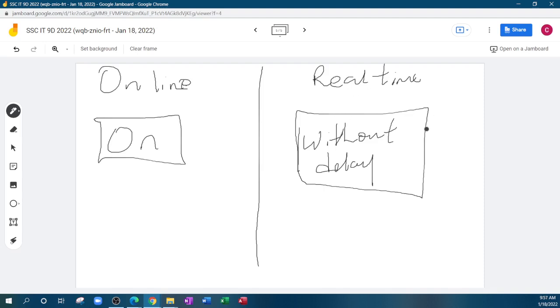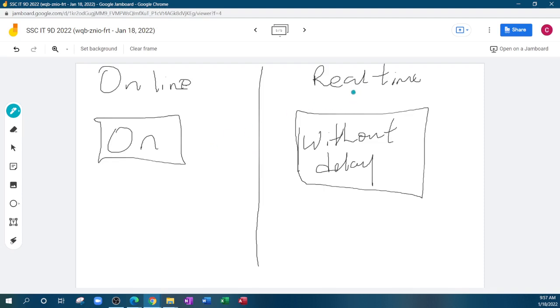Now here's a question. In order for you to process data, does the device need to be on or off? That should be a simple question. On. Can you do anything with your device if it's off? No, it's that simple.